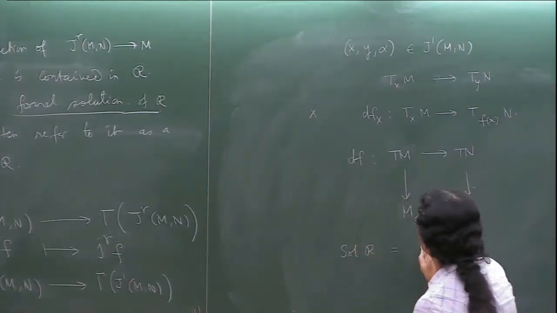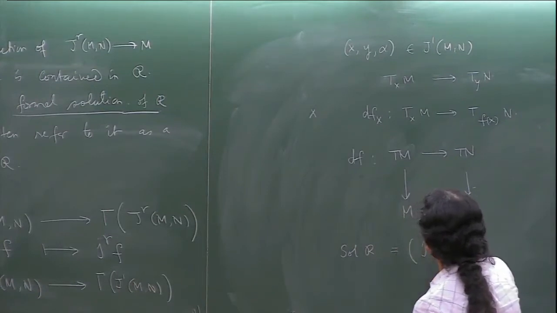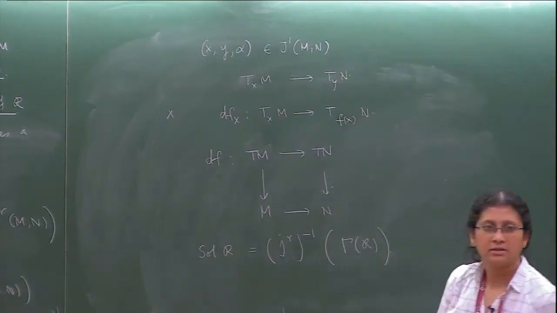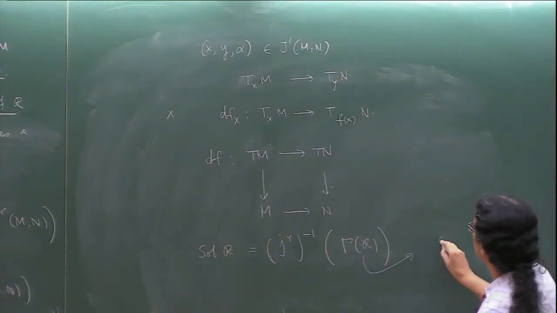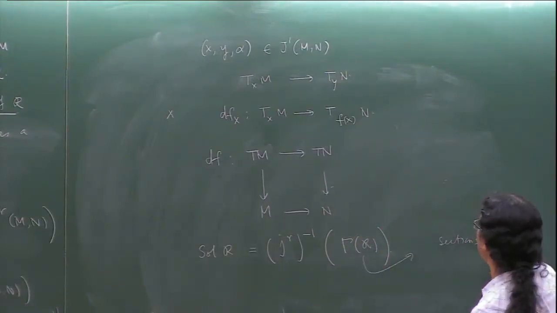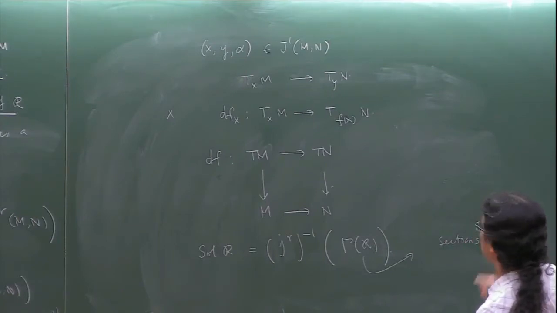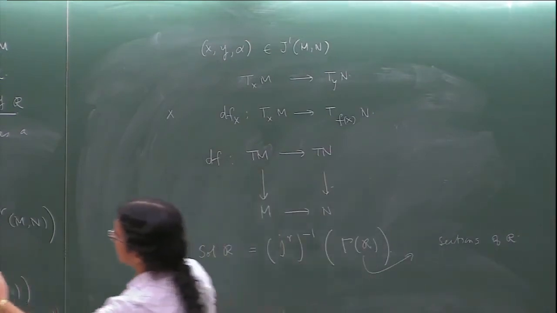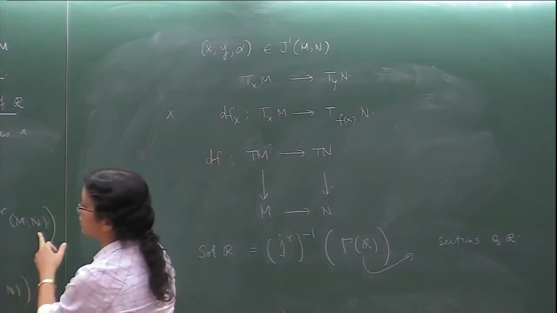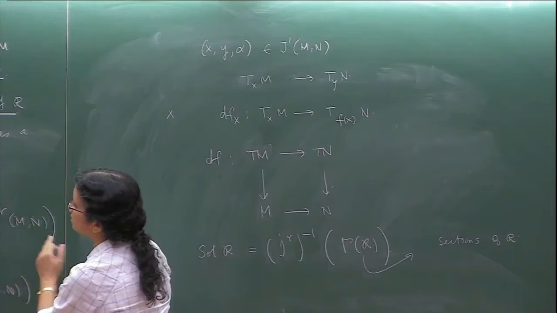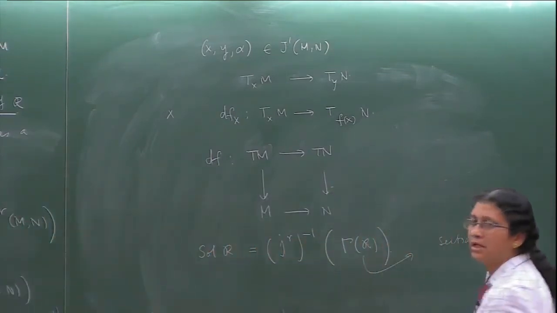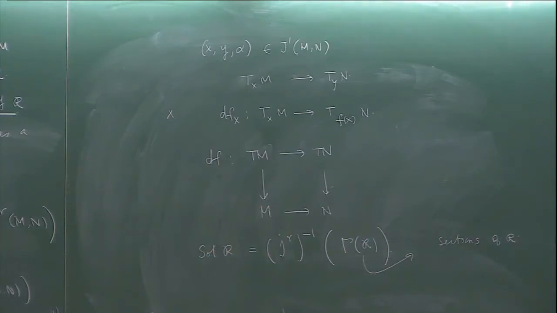Solution of R is nothing but the inverse image of the section space of R. This is the notation for sections or formal solutions of R. Okay? See, if you have an f, then JRf is a section of this. If the image is inside R, that is called a solution. So the solution space is nothing but the inverse image of the formal solutions under this.